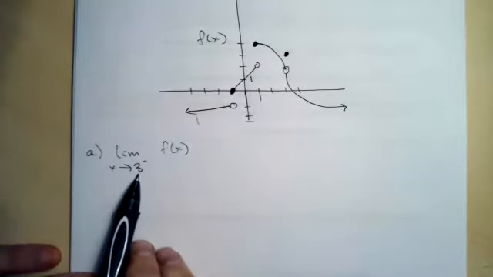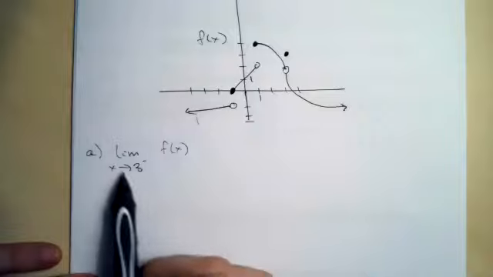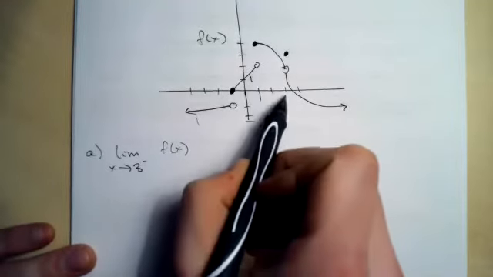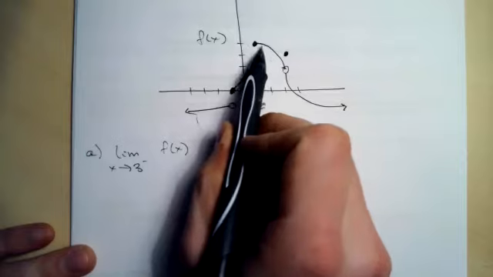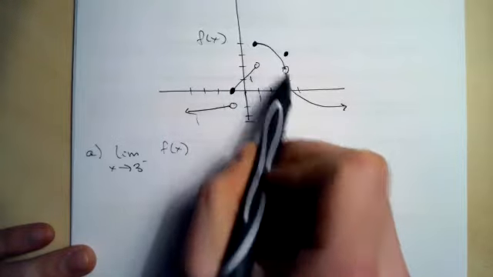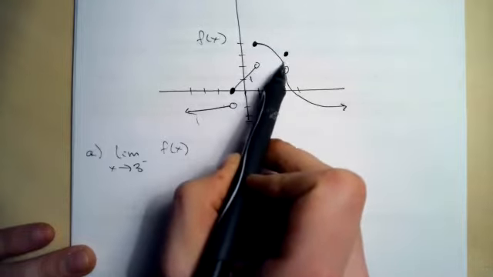So remember that when we put this superscript negative, it means from the left. So the limit as x approaches 3 from the left of our function means I want to start to the left of 3 and trace the curve up until I get to that x value of 3. And the idea is, as I'm tracing, what are we approaching?